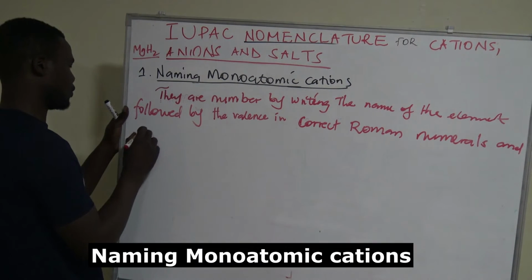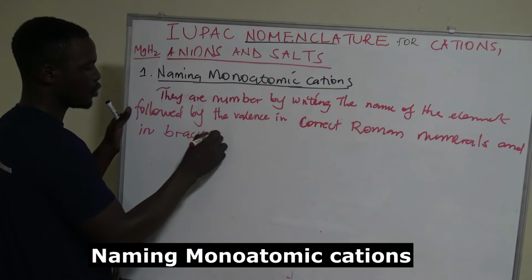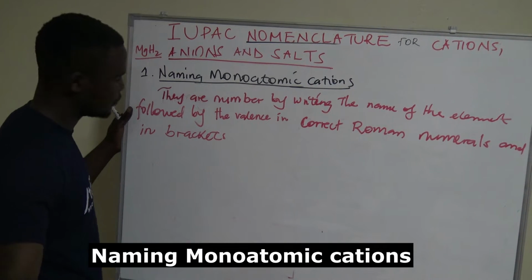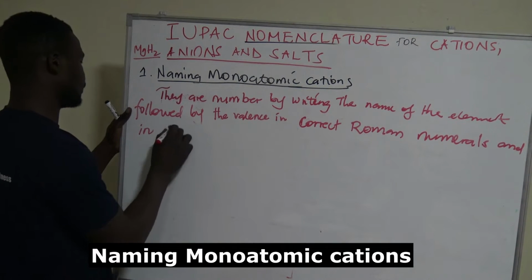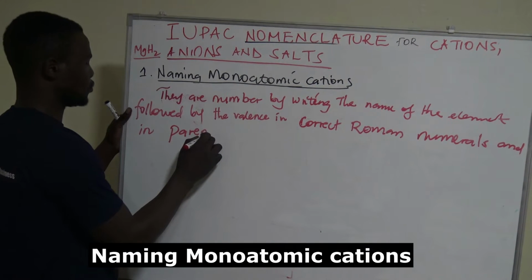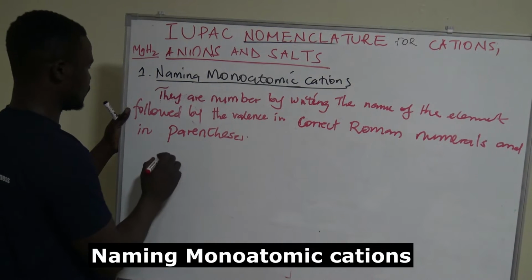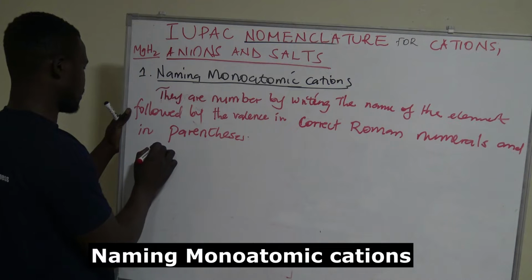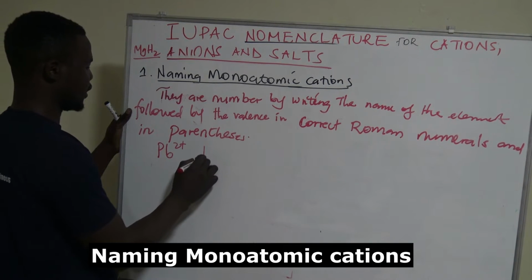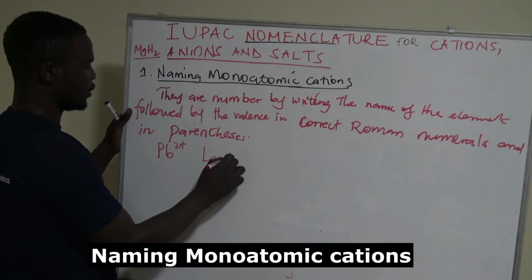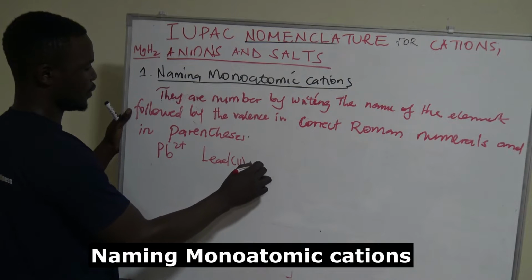and in parentheses. For example, if I have lead 2 ions, I write lead(II) ions.